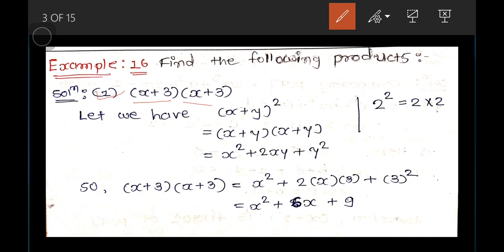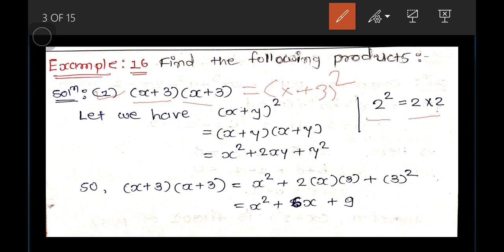If we want to write 2 into 2, we can write it as 2 square. Similarly, we can write x plus 3 into x plus 3 is equal to x plus 3 all square.